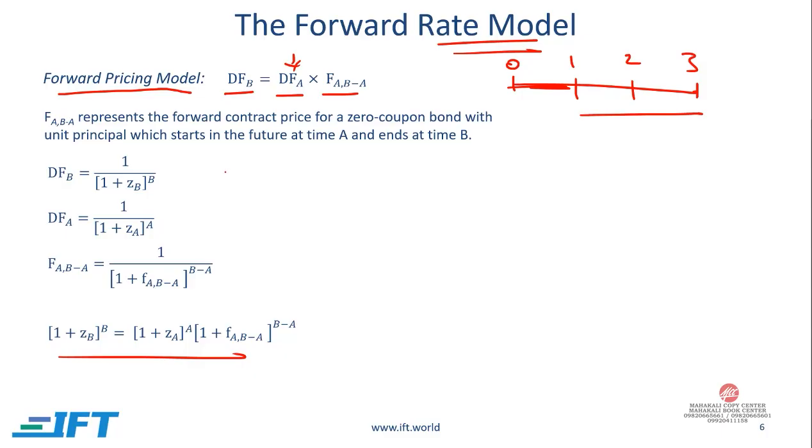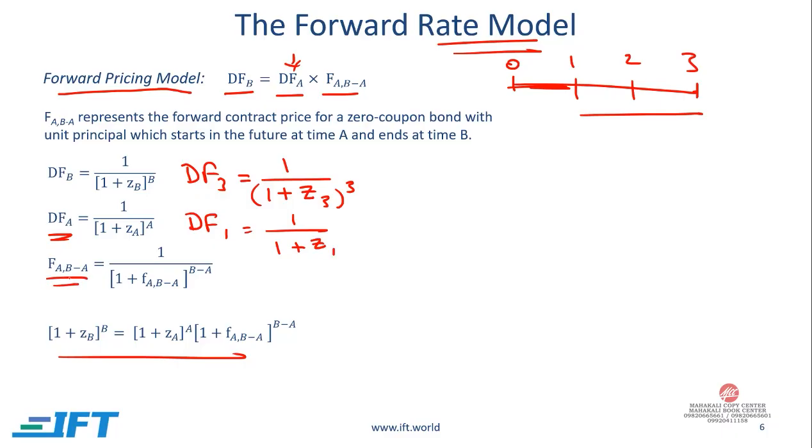So what is the 3-year spot rate? DF3 will be equal to 1 divided by 1 plus the 3-year spot rate, and then this is cubed. What about DF1? DF1 is equal to 1 divided by 1 plus the 1-year spot rate.